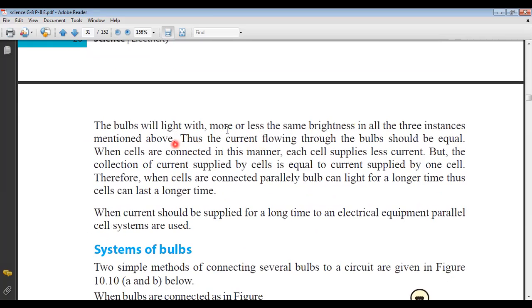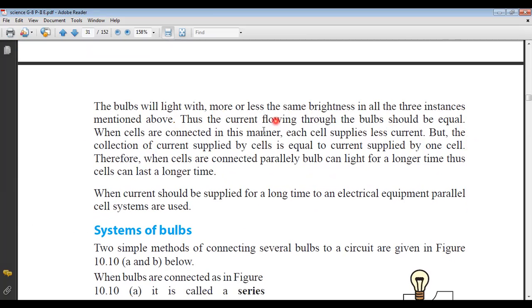There is no big difference in the brightness among these bulbs, so it's all equal. Thus, the current flowing through the bulb should be equal when cells are connected in this manner.